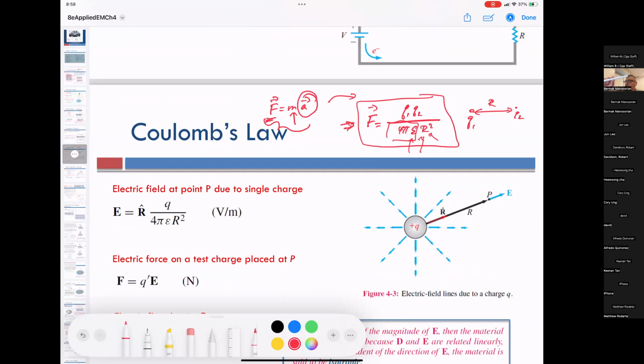So I'm exerting a force on the pen, but I'm physically connected to it. With Coulomb's law, the charges are exerting a force on each other without actually being connected to each other.